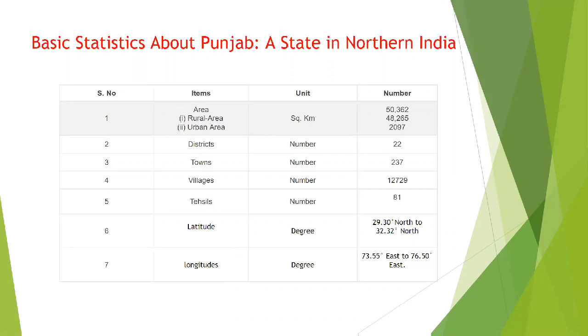This includes rural area as well as urban area, 22 districts, 37 towns, and 12,729 villages. And the latitude is 29.30 north to 32.32 north, and longitudes 73.55 east to 36.50. Next, please.